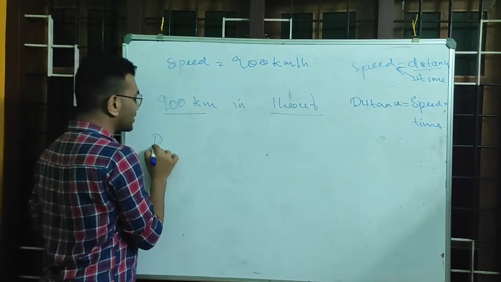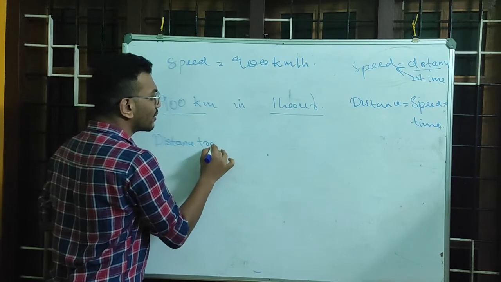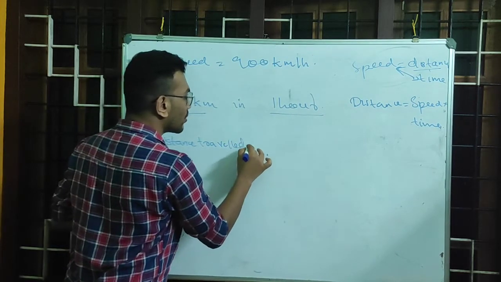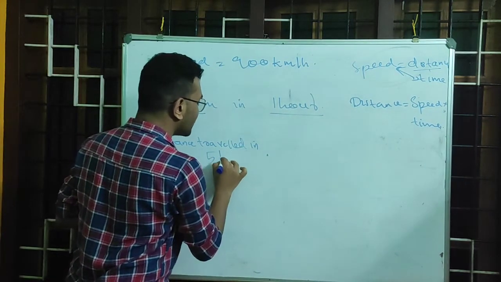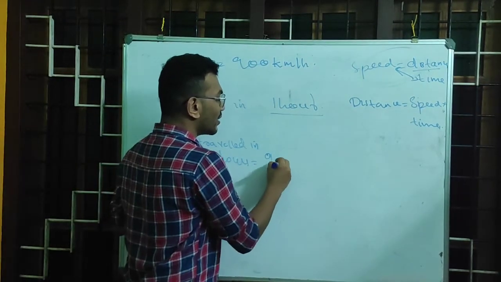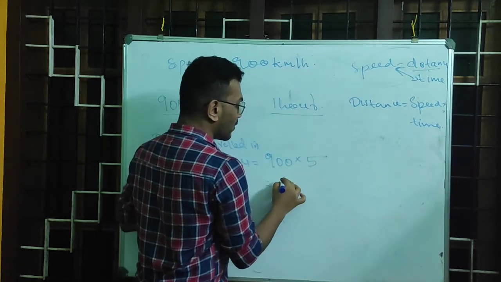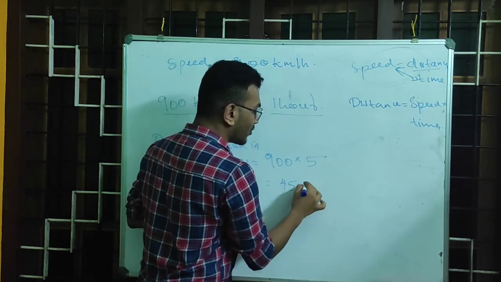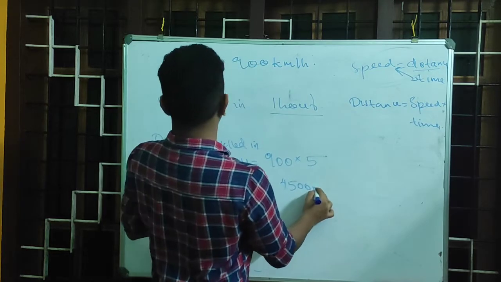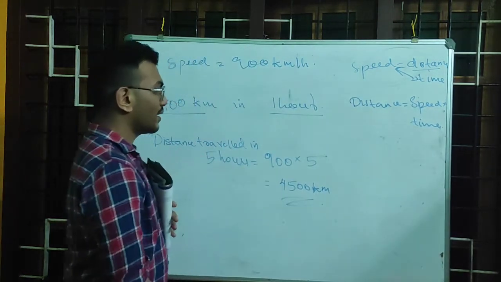So the distance traveled in 5 hours is equal to 900 into 5. That is 4,500 kilometers. Okay.